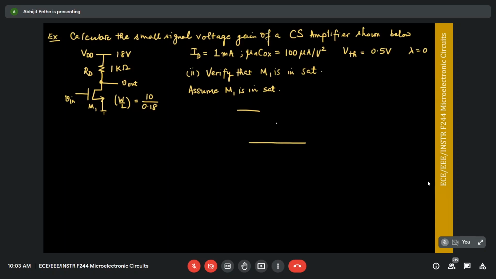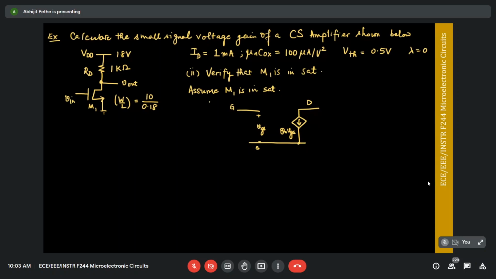So this is your gate, source and drain. Drain to source, I have a current which is given by GM times VGS. This voltage is VGS. Lambda is equal to 0, so R0 is infinity.